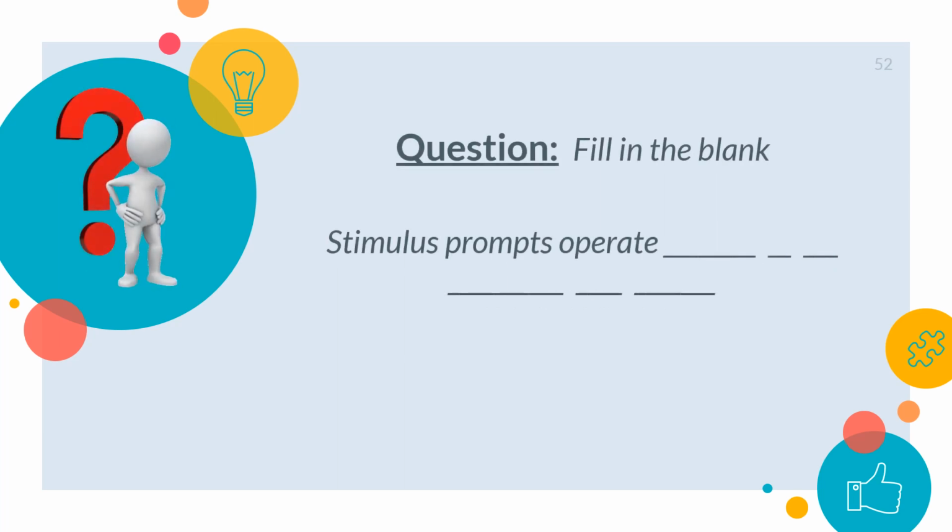On your homework sheet, write in stimulus prompts operate, and then fill in the blanks with your answer. I'll now give you some time to get that question filled in.